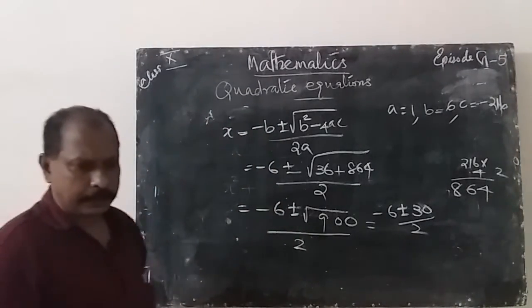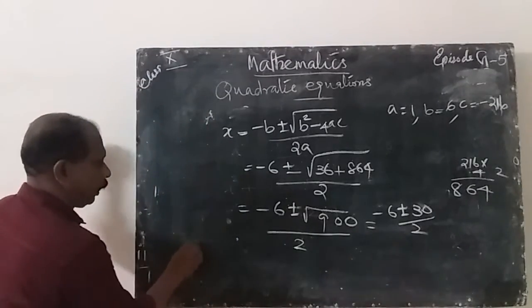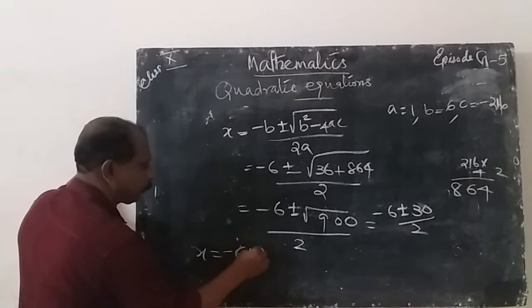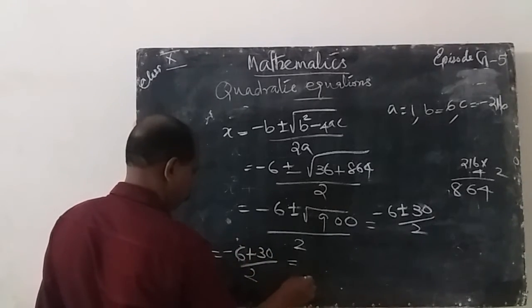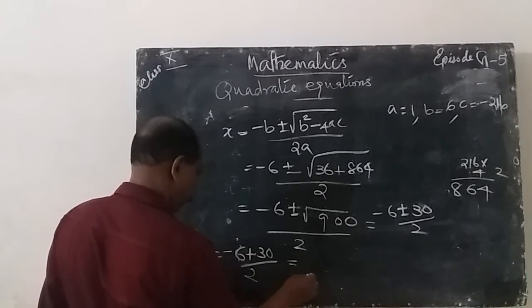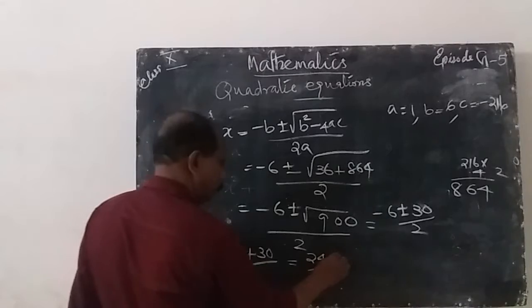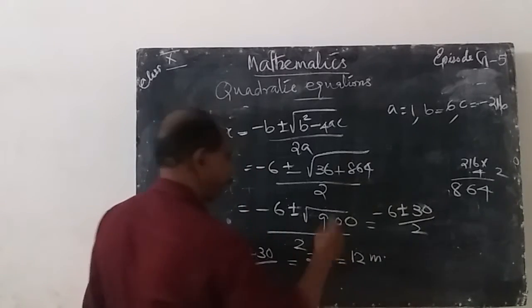That means x is always positive. Therefore, x is equal to minus 6 plus 30 by 2 is equal to 24 by 2 is equal to 12.